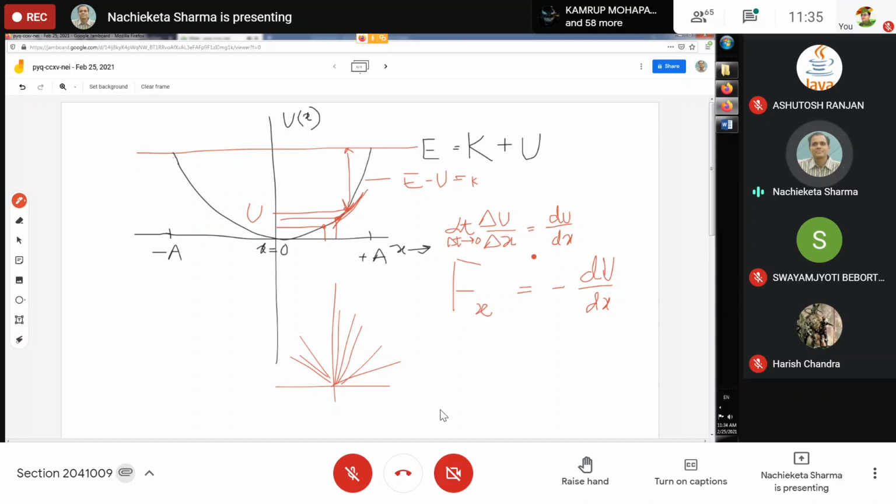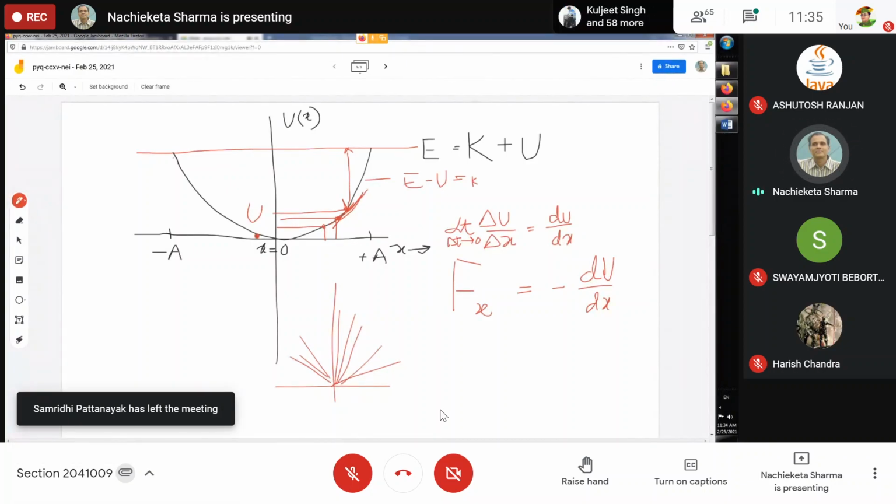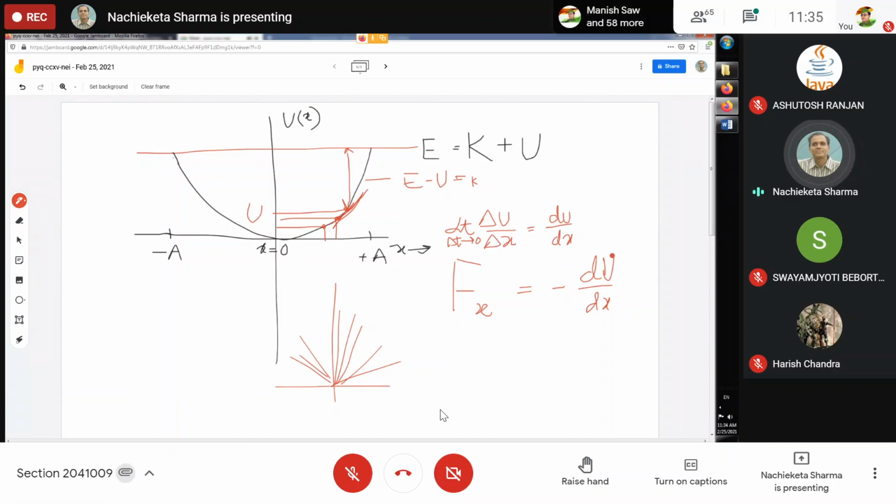Because the slope is positive and you have taken a minus sign before that, that's why your force is negative. But when x is negative, the slope is negative, and again you are taking a negative sign, because you are finding minus dU by dx. dU by dx itself is negative, and you are taking a negative sign, so negative becomes positive, so your force is positive.